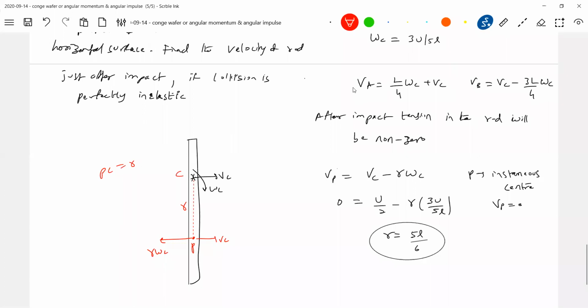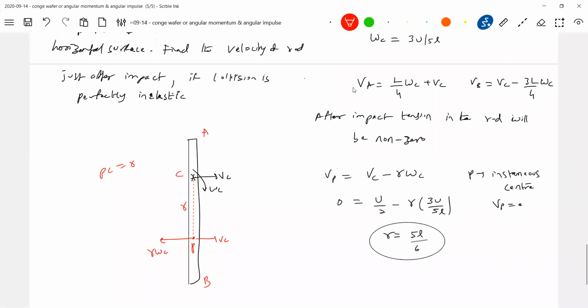So that particular point, the point whose velocity will be 0 at that instant, will it lie on the rod or outside the rod? 5L by 6 should be less than L by 2, okay, should be less than 3L by 4? So it will be like 0.8L.